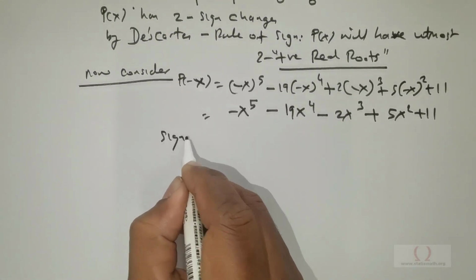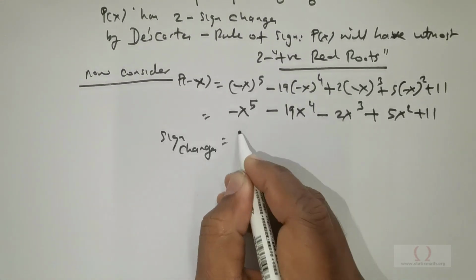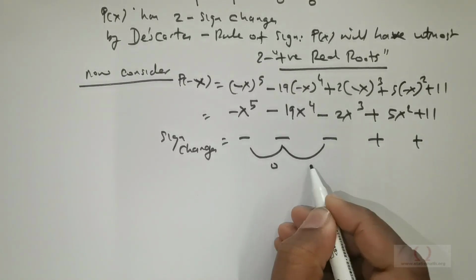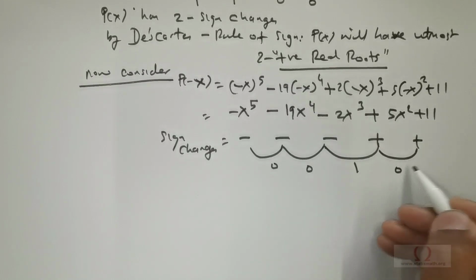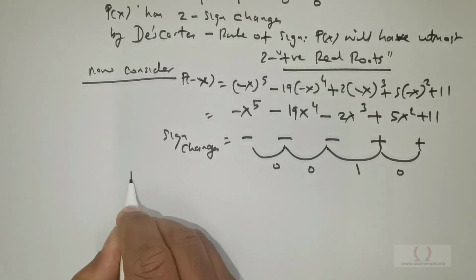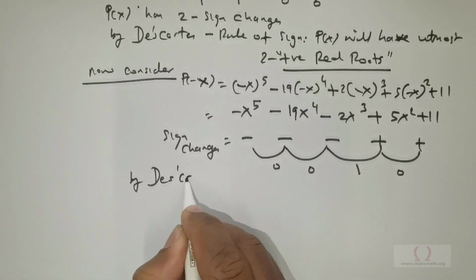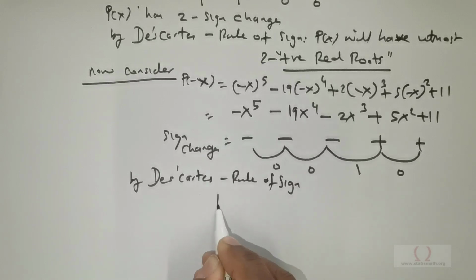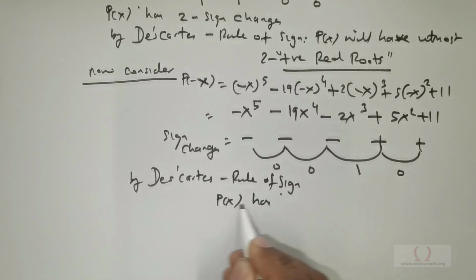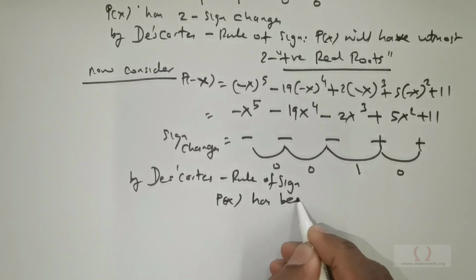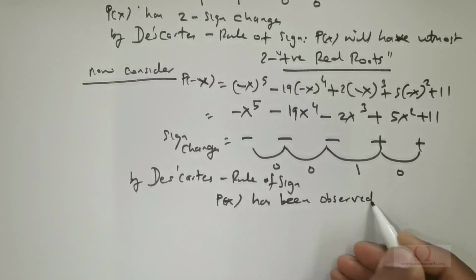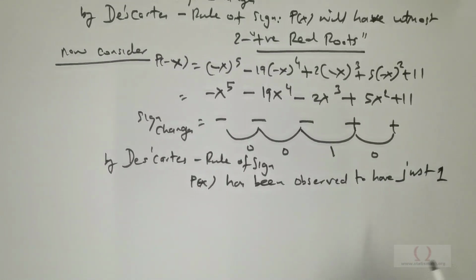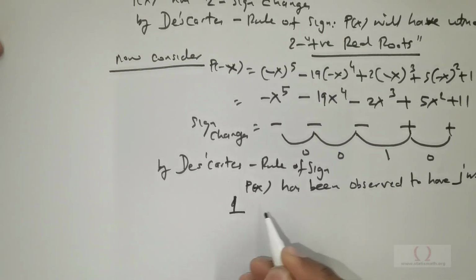So write down these sign changes. You got a negative, negative, negative, positive, and positive. No sign change, no sign change, one sign change, no sign change. So therefore, by Descartes' rule of signs, p of negative x has been observed to have just one sign change.